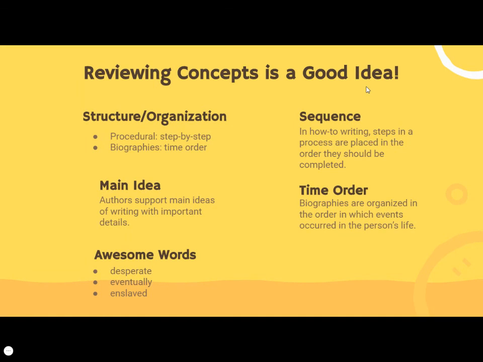Main idea. Authors support main ideas of writing with important details. Time order. Biographies are organized in the order in which events occurred in the person's life. Awesome words we read: desperate, eventually, enslaved.